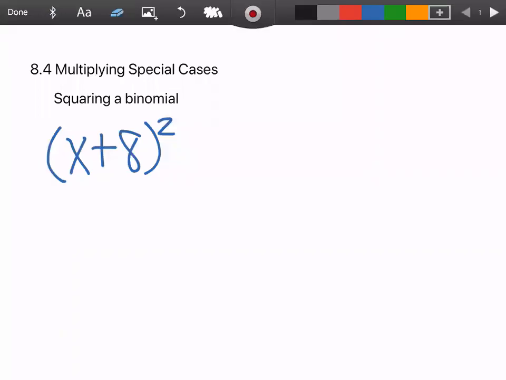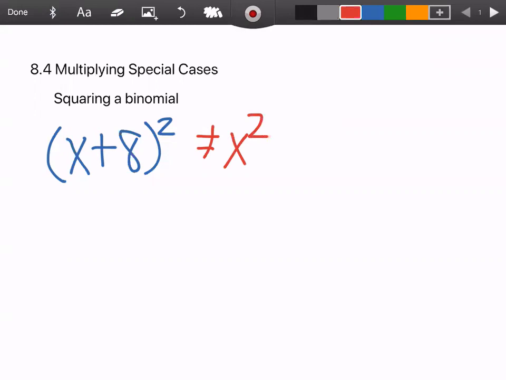Okay, so for our first lesson online, we are going to be looking into multiplying special cases. So we're going to square this binomial. And what this binomial is not equal to is both those terms inside squared.